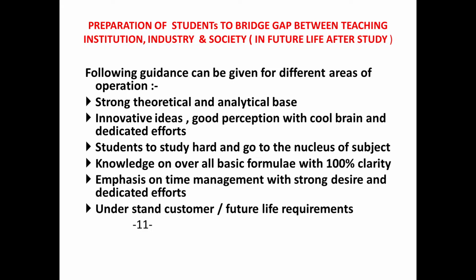Students should study hard and go to the nucleus of the subject. This is very important: overall knowledge of the basic formulae with 100% clarity. Why am I telling you this? After my L&T retirement, there was a requirement for a ring granulator which breaks coal. At that time L&T had the capacity of making a machine of 1200 tons per hour.